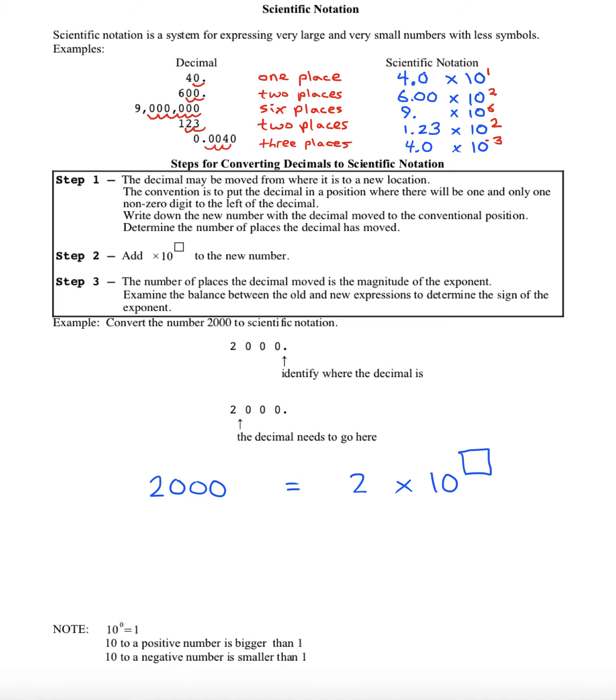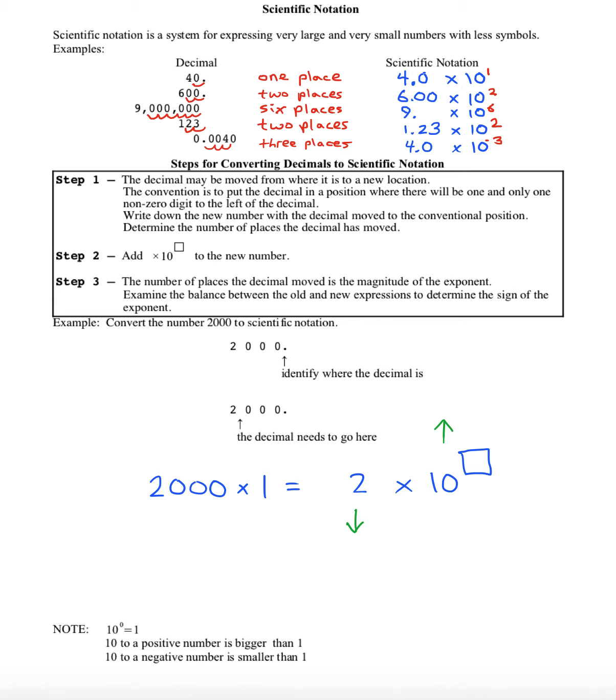You could think about 2,000 as 2,000 times 1. So if we compare the new number to the old, we see that 2,000 is much bigger than 2. So the number part of this decreased. That means that the 10 to a power needs to be bigger than 1 in order to compensate for that change.